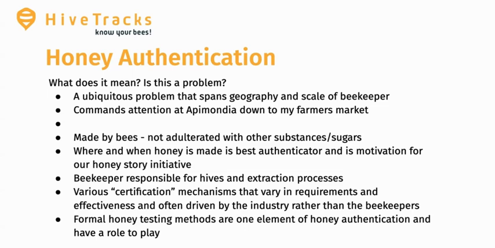It seems pretty straightforward. But that's not how we determine what's in the honey. There are different mechanisms downstream from that that we try to use, including lab tests. And I'm going to go through a quick list of what that looks like in a moment as well. But my point here is that this is a global problem.